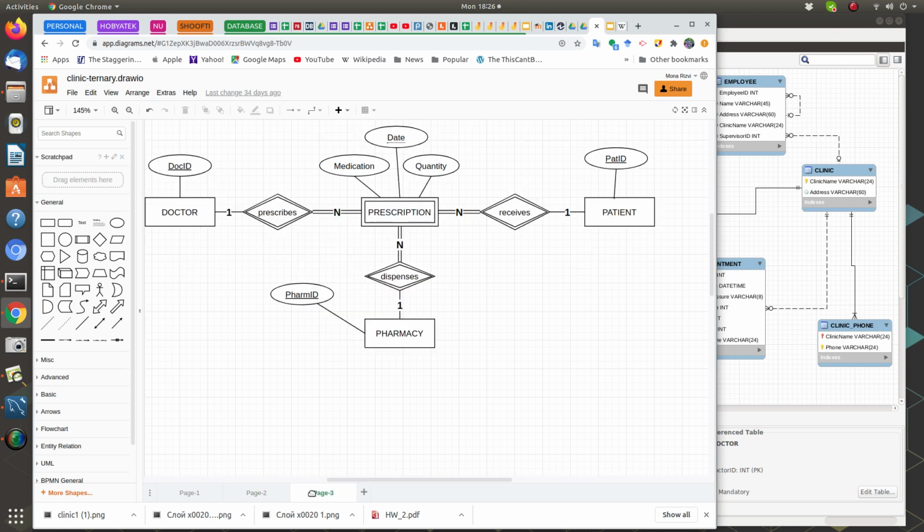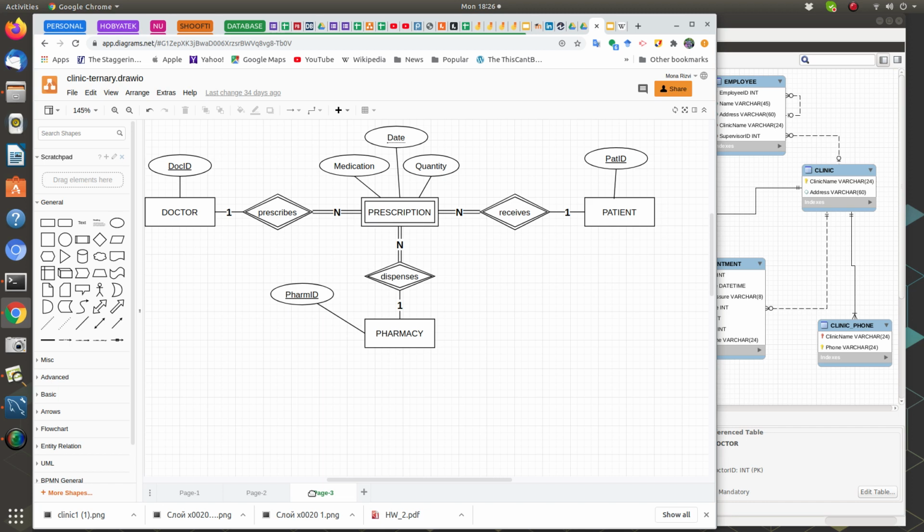And I showed how that can be rethought of as a weak entity that's identified by all of the sides.